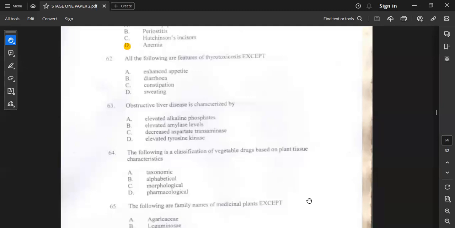This was done in the morning, I'm not sure. Was this covered in the morning? As in, I'm asking if this paper was done in the morning.